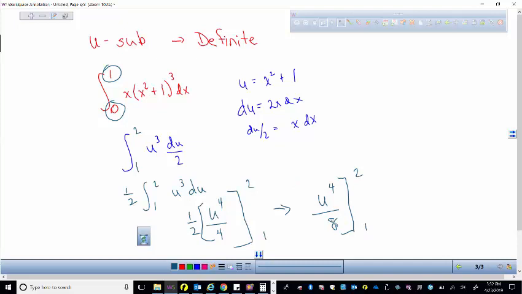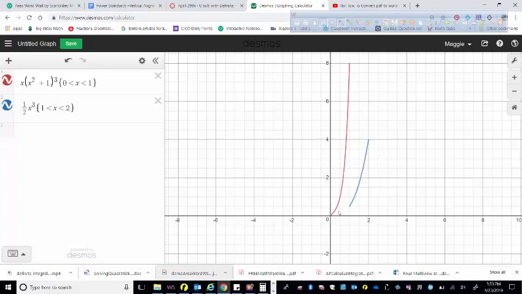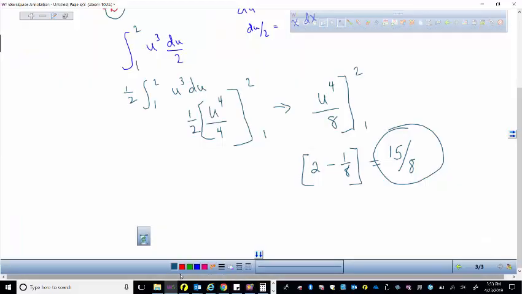If I do all that, you'd put in 2 there, you'd get 16 over 8, so that's 2 minus 1/8. That would give you 15/8 is your area. So no matter which curve I looked at, whether it was the red curve or the blue curve, the area underneath is 15/8.